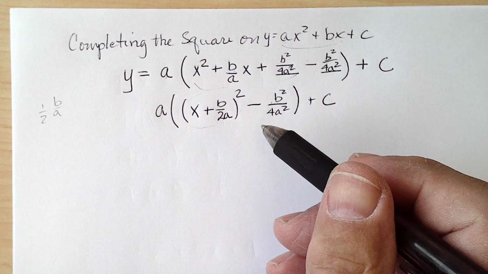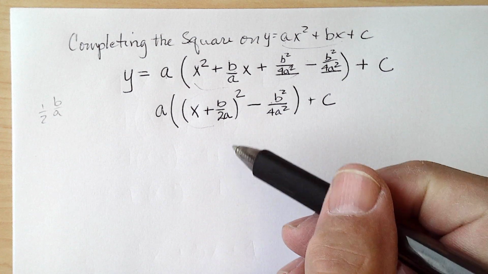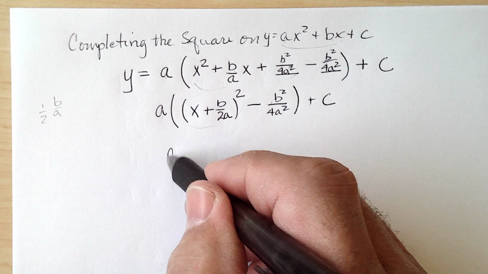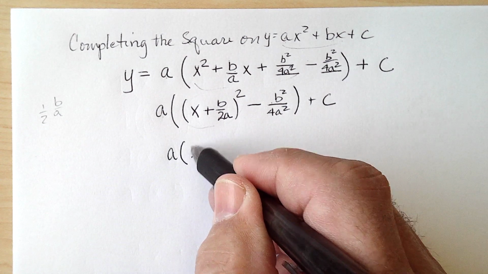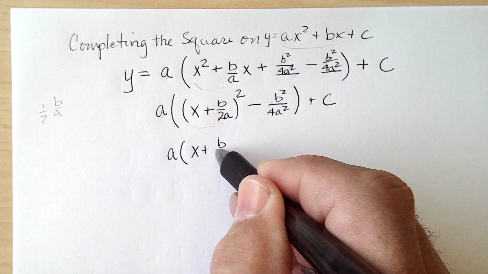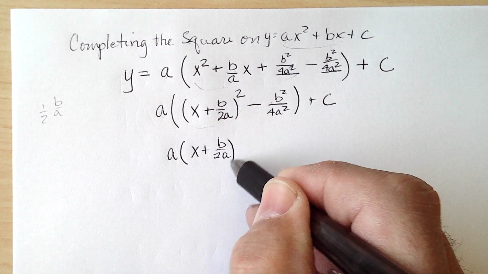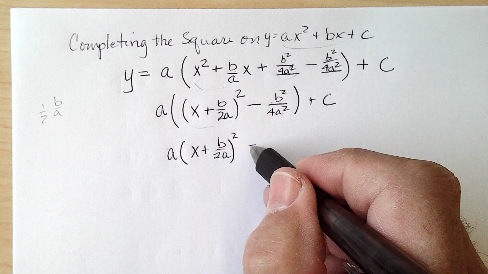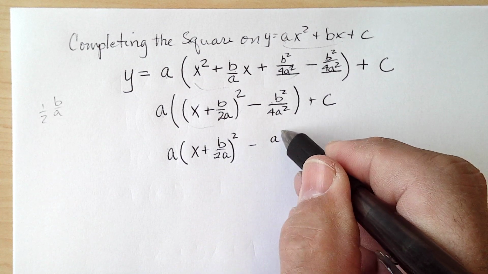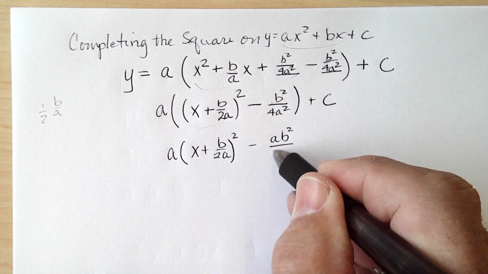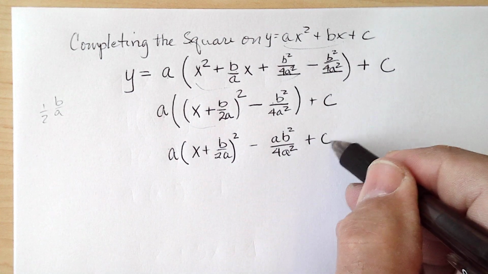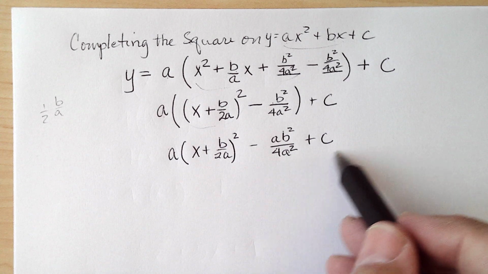Okay, and then to finish completing the square, we would write a times x plus b over 2a squared, and a times this, and have plus c. And then we'd combine these two.